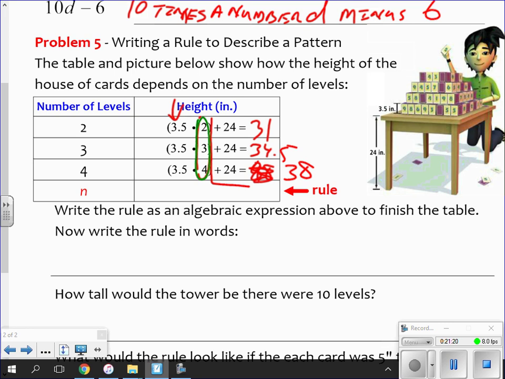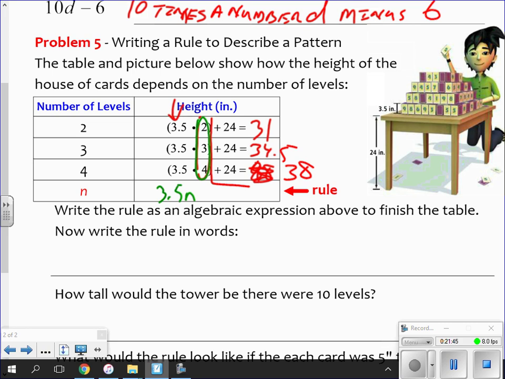That's the only thing that changed. Everything else in the formula stayed the same. So my rule is I take how tall the cards are times how many levels of cards. 3.5 times n levels. N stands for how many levels I have.